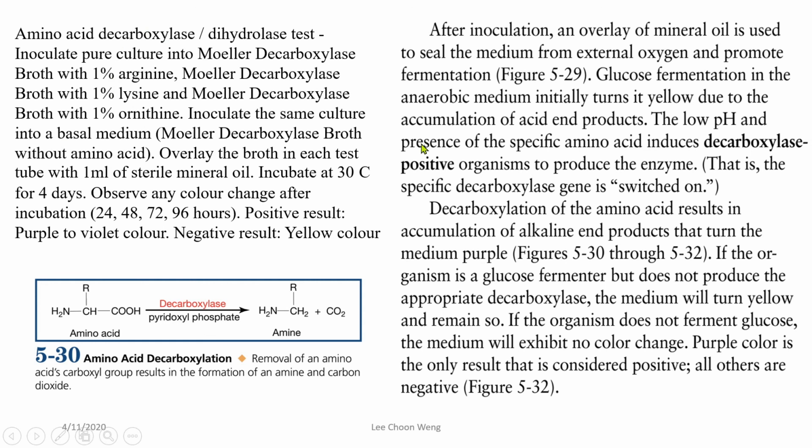That is why you have to always carry this test out with the basal medium without any amino acid.